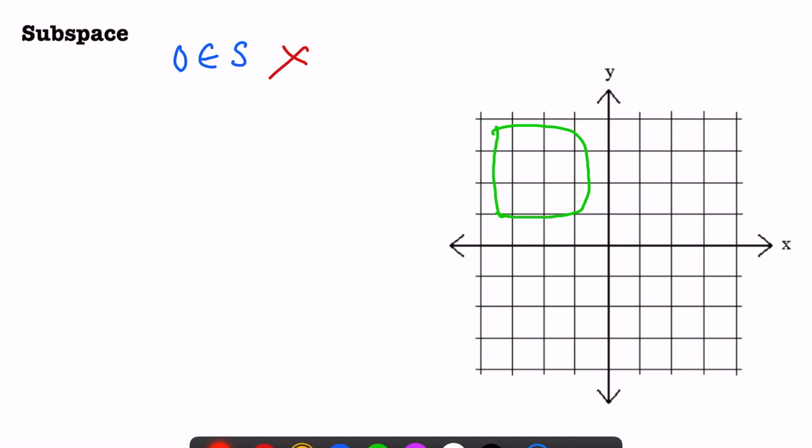Let's take one more subset. Is it a subspace of this xy plane? Now, the zero vector belongs to this subset. Is it closed under scalar multiplication? Let's take one vector in this subset and scale it.